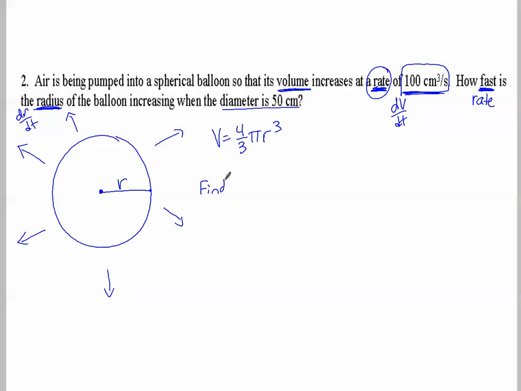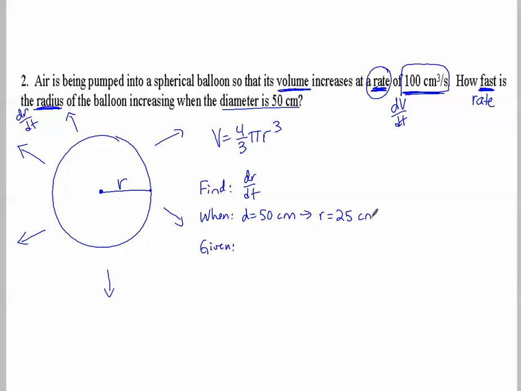Let's list our find when given. What are we trying to find? How fast, that's a rate, is the radius of the balloon increasing? So my find is dr/dt. How fast is the radius, the rate of the radius? When the diameter is 50, well, I could say when d equals 50 centimeters, but if my equation, my picture, doesn't have anything to do with diameter, I'd like to change that to what it does have to do with.